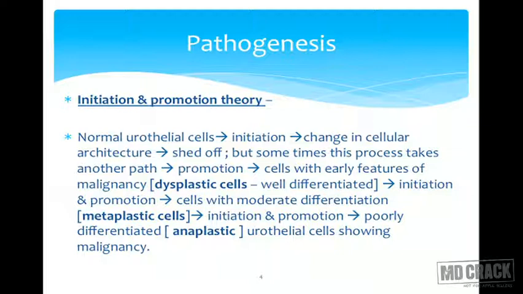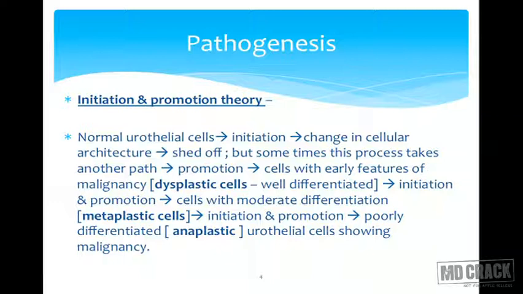So 7 to 12 layers sometimes, with variable changes, will formulate normal urothelium. Now there is initiation of this tumor invasion, which leads to change in cellular architecture.